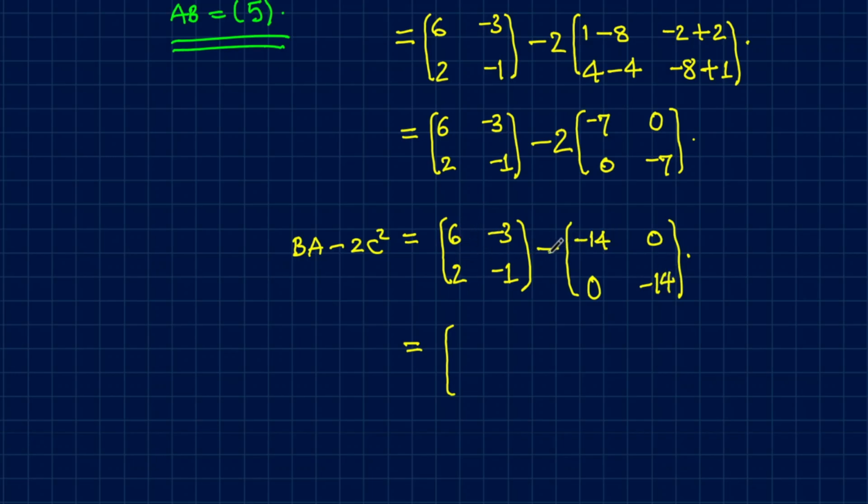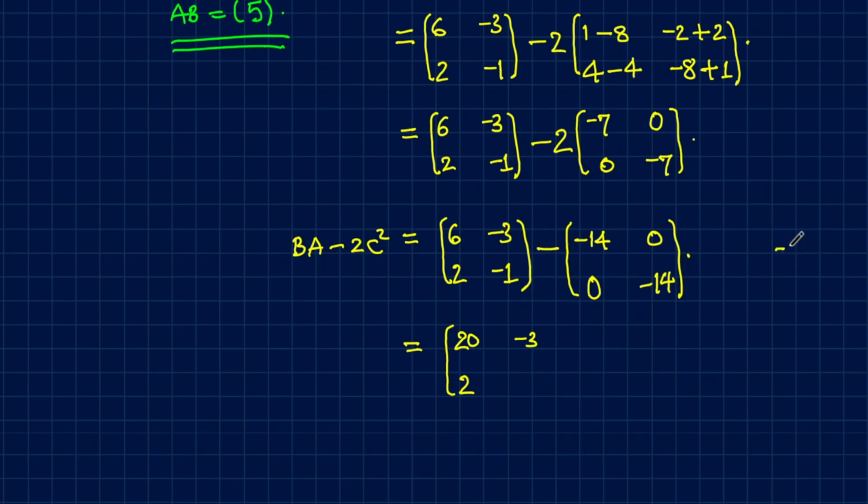So 6 minus negative 14 is like negative times negative is positive, so we just add 6 and 14 together and we obtain 20. For this position, we have negative 3 minus 0, which remains the same as negative 3. Then we move on to the next element. Here at this position, we have 2 minus 0 is 2. And finally, negative 1 minus negative 14, we get positive 13 because negative times negative is positive.